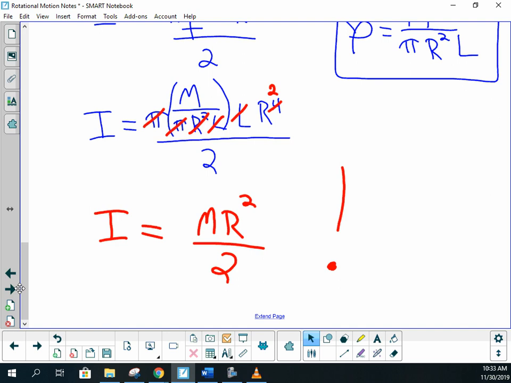I want you to look very carefully at that and think about questions like: how does their derivation of the moment of inertia for a uniform rod with the axis of rotation through the middle of that rod look similar to the one we just did, and how is it different? How does the general method of what we're doing stay the same, but how does it look very different for the different geometries that we are going to use?